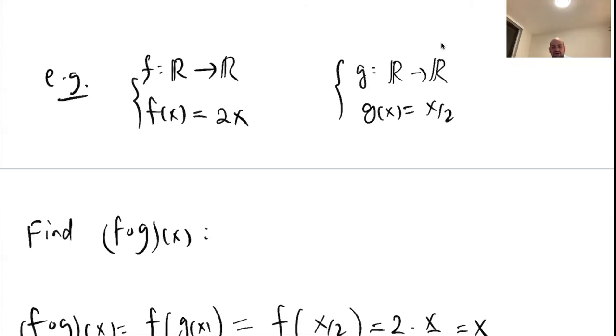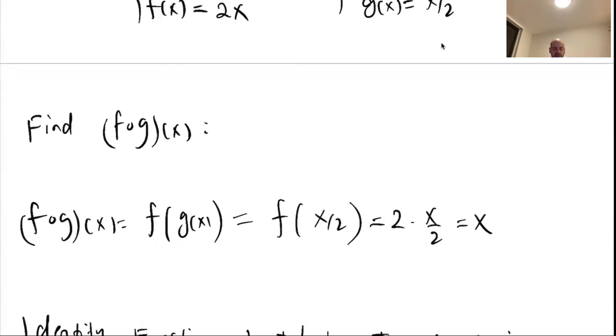So we start with 5, multiply by 2, we get 10. Then we apply G to it, 10 over 2 will be 5 again, right? So when we connect F with G together, if we start with x, we end up with x as well, which is what we have shown already here. F of G of x equals x. F multiplies by 2, G divides by 2. So when you connect them together, they do nothing.